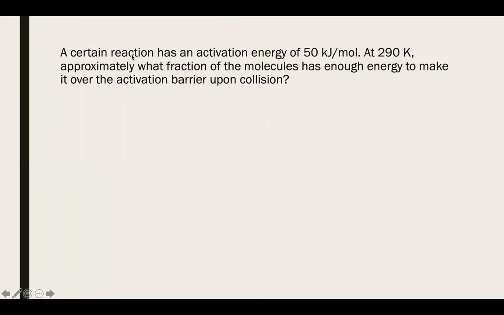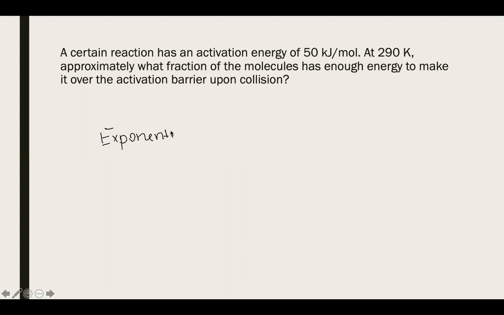Okay, so for this one, we have a certain reaction with an activation energy of 50 kilojoules per mole at 290 Kelvin. Approximately what fraction of the molecules has enough energy to go over the activation barrier upon collision? The equation that I think is really easy to forget here is for the exponential factor.